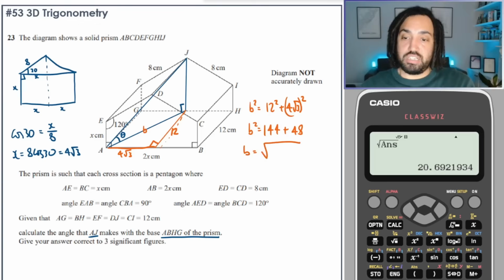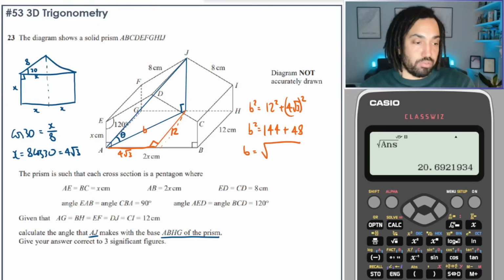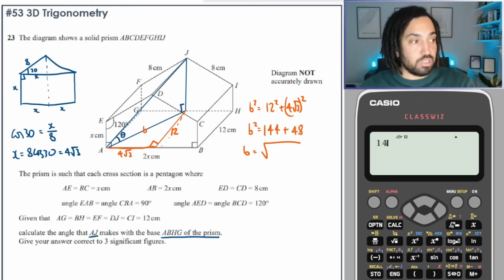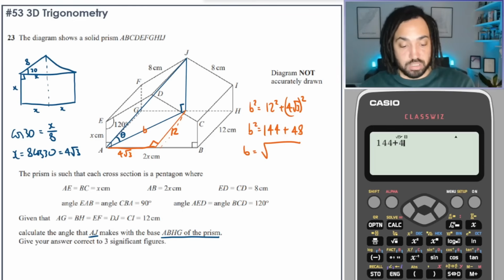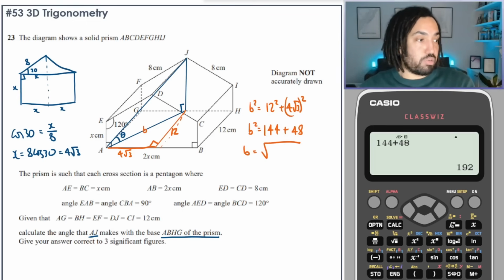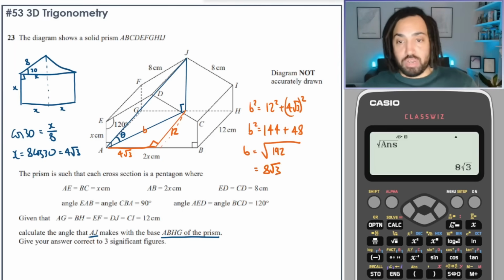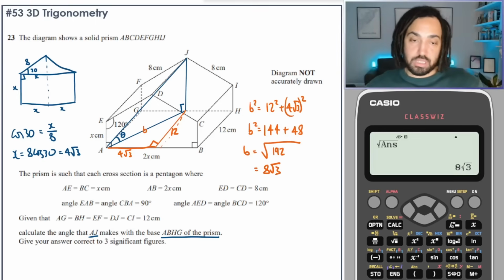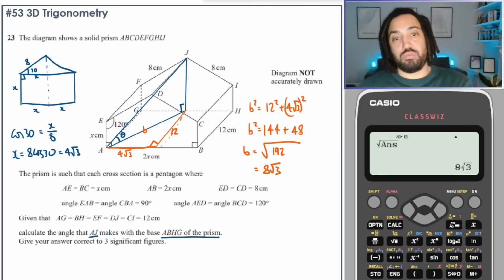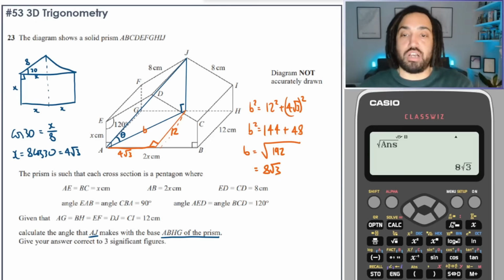So b is going to equal the square root of 144 plus 48, which is the square root of 192, which is 8 root 3. Okay, great.